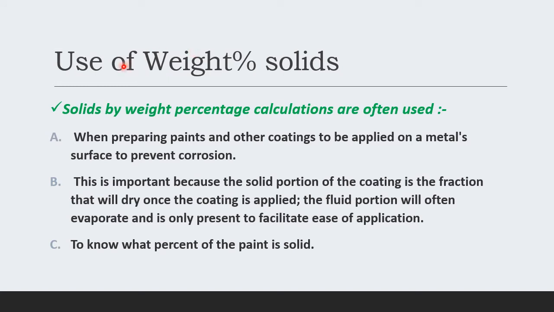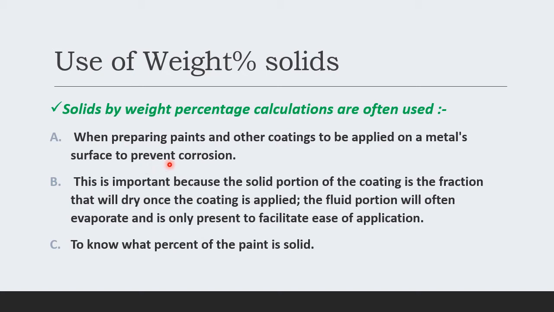So why do we have to consider the weight percent solids? Why do I have to know it? Solids by weight percent calculations are very often used if you are going to apply a paint on a metal surface to prevent corrosion.